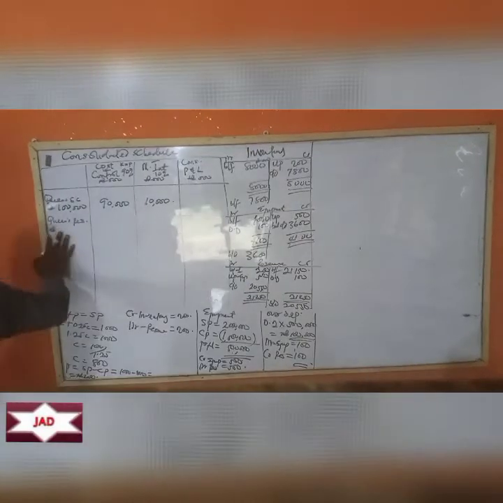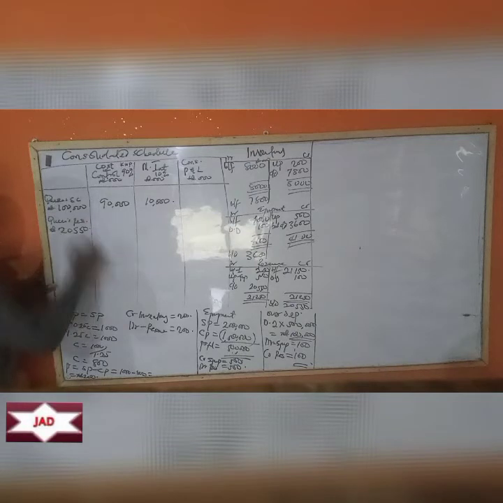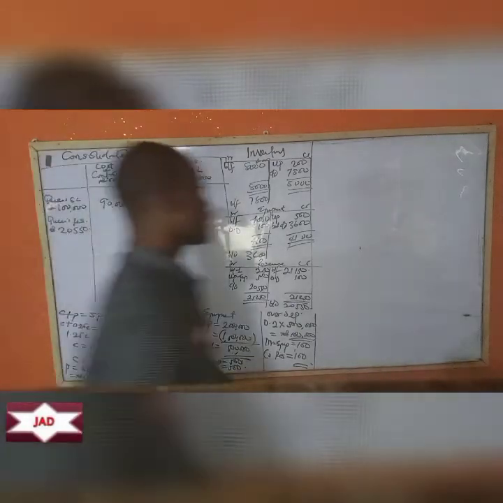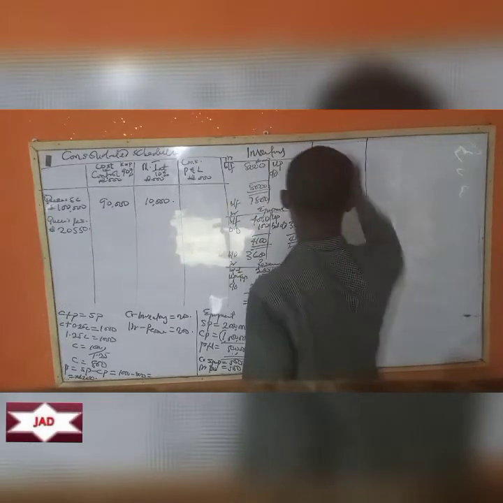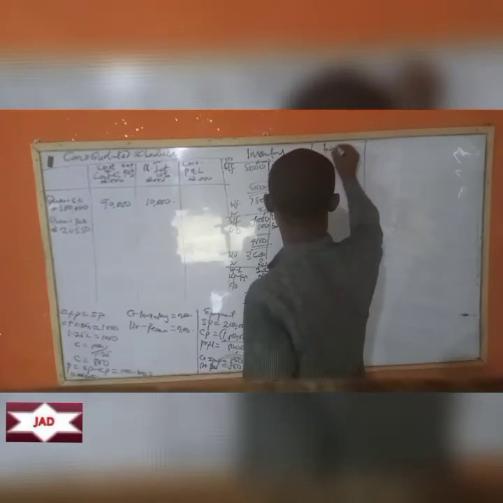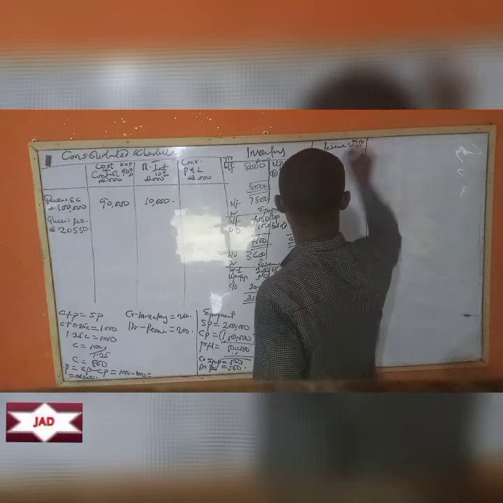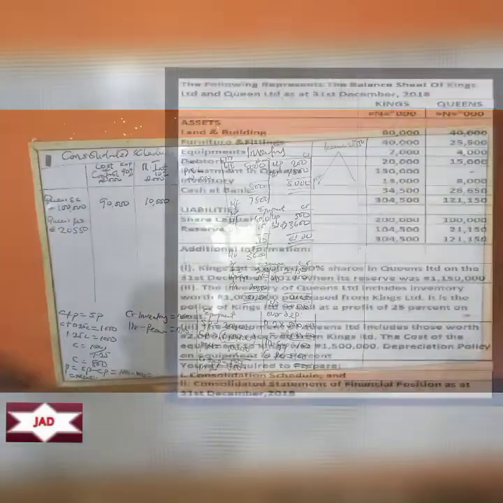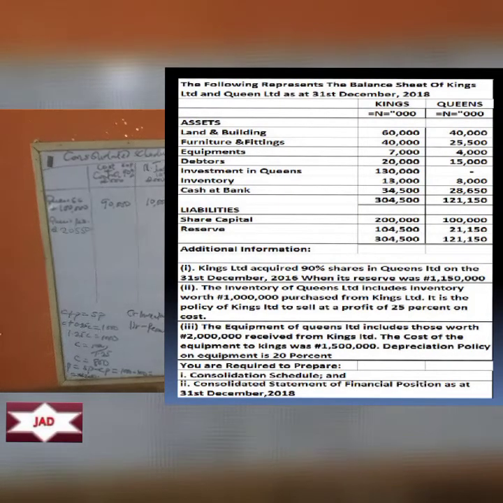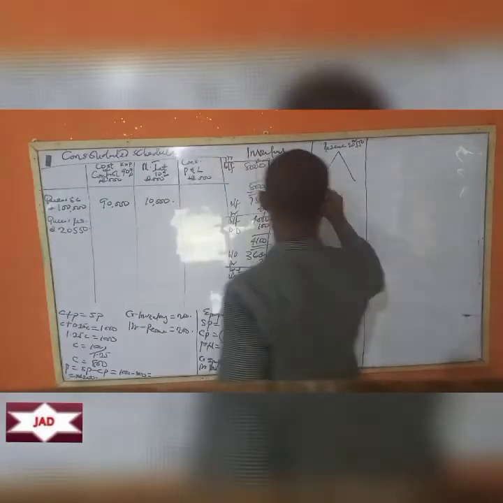So we can go ahead now. This one is 20,550, right? So let's go. Reserve 20,550. Pre-acquisition, according to the question, is 1,150,000, so that is 1,150.